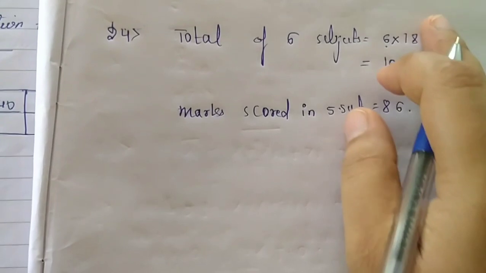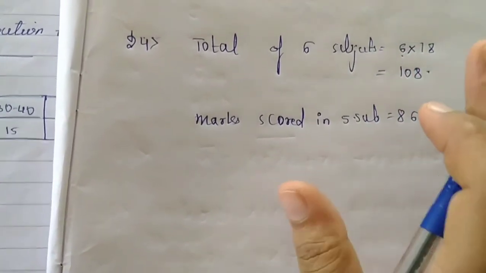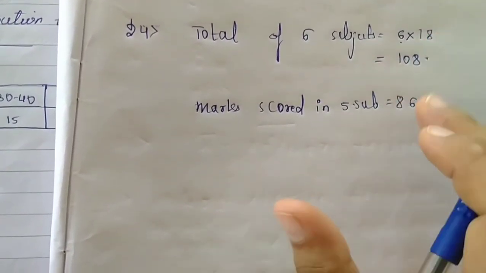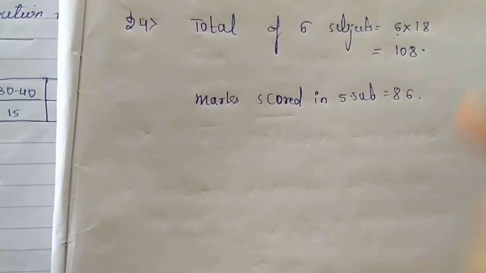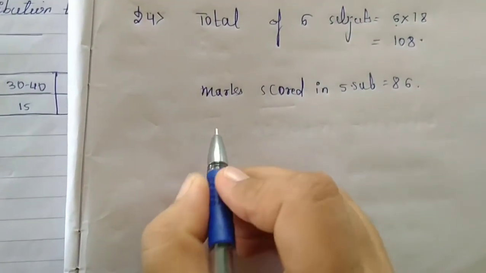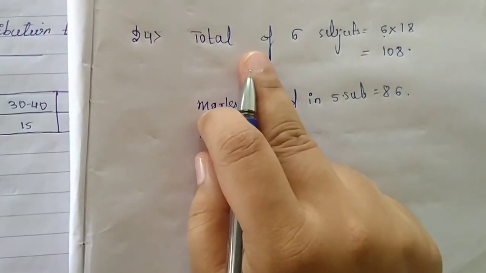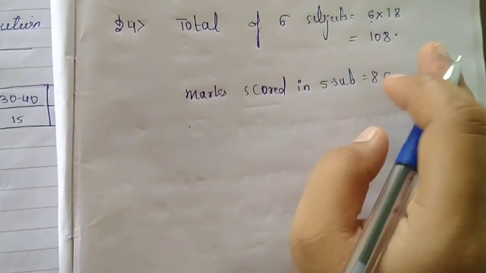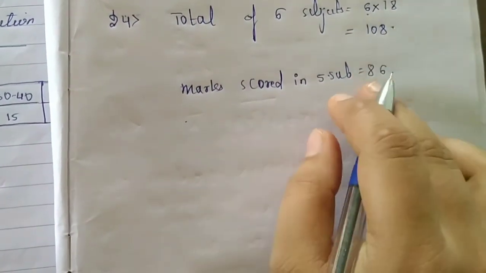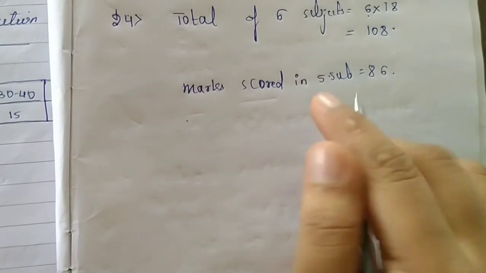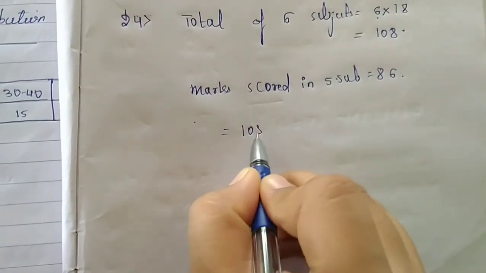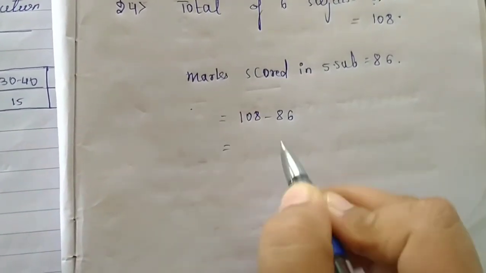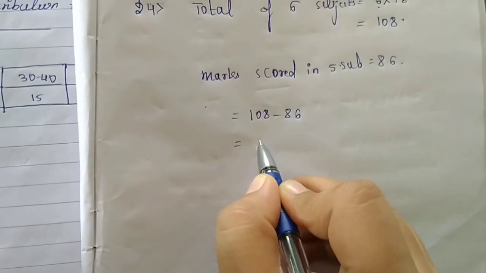So now you can easily calculate how much he scored in the 6th subject, by subtracting the total marks scored in 5 subjects from the total marks in all 6 subjects, that is 108 minus 86. That will be equal to 22.